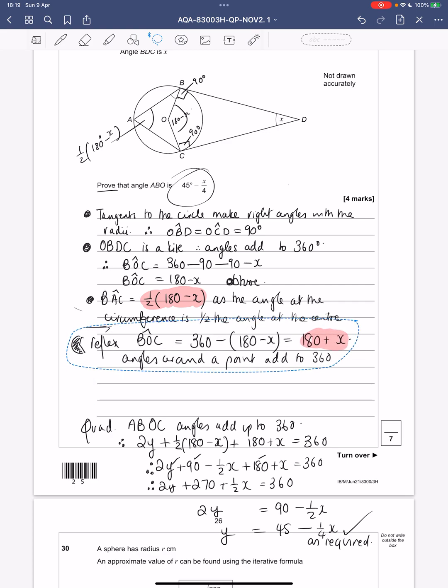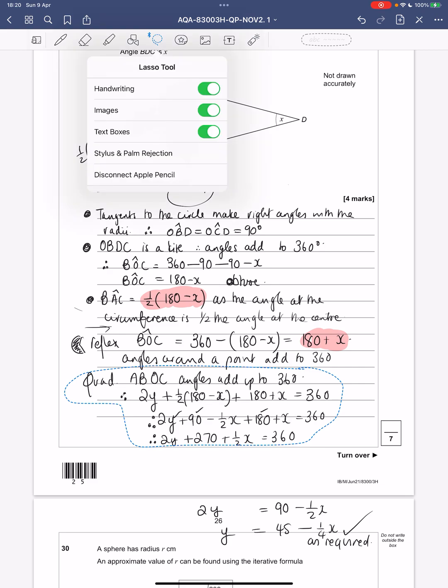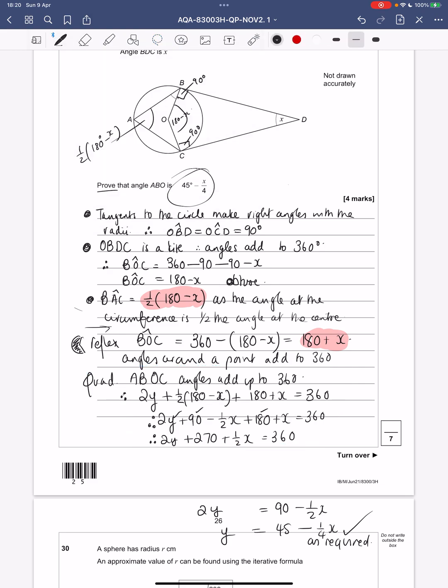Okay, we're nearly there now. And then I'm back to this quadrilateral, ABOC. Those angles add up to 360 degrees. I missed off my degrees. I suppose x is degrees as well.